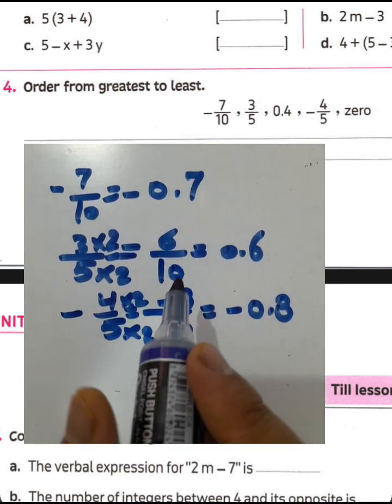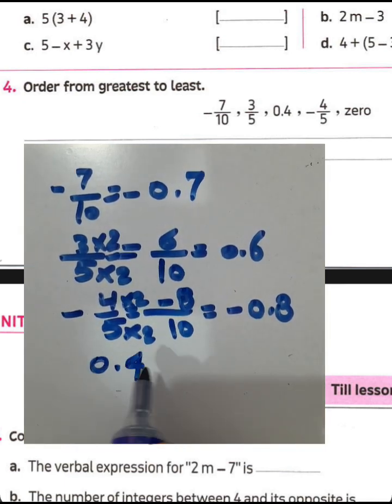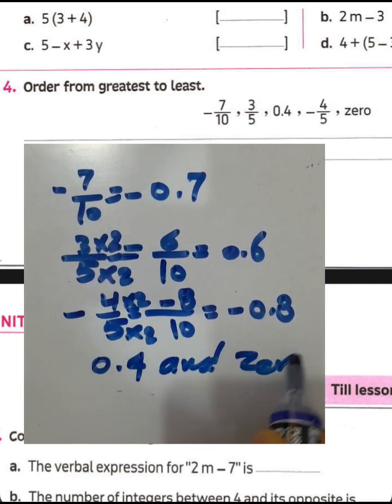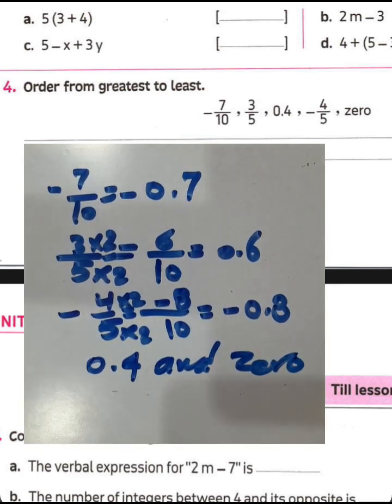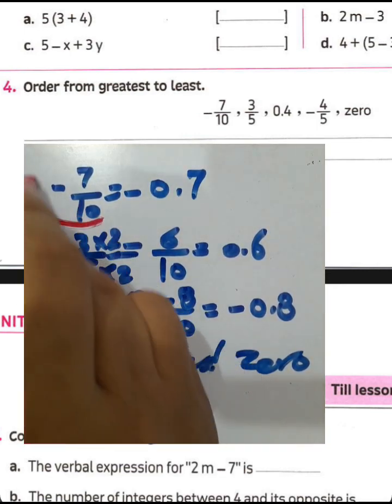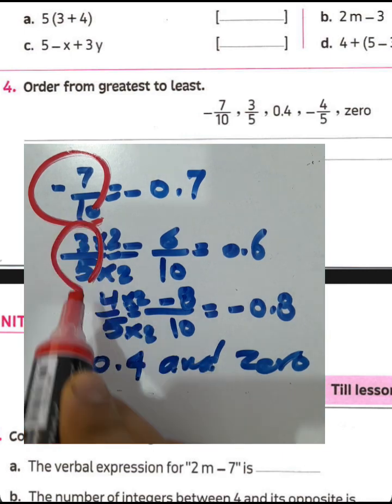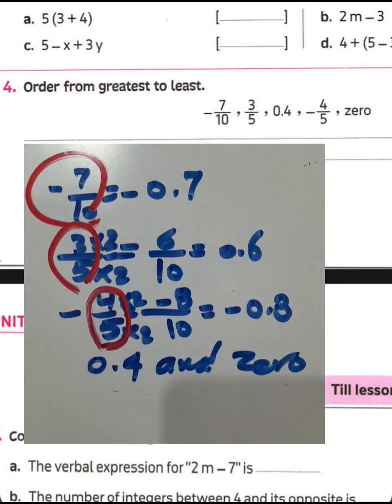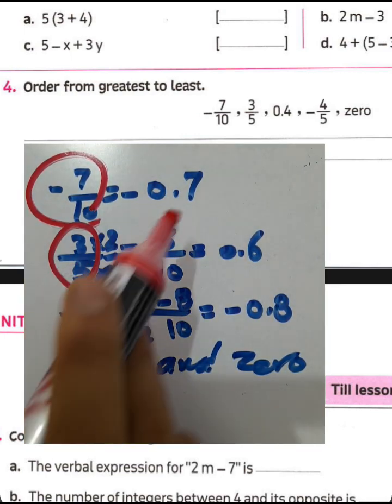And we have 0.4 and we have 0. We can convert these fractions by these methods. Look at the denominator here, 10 has the point after one digit.